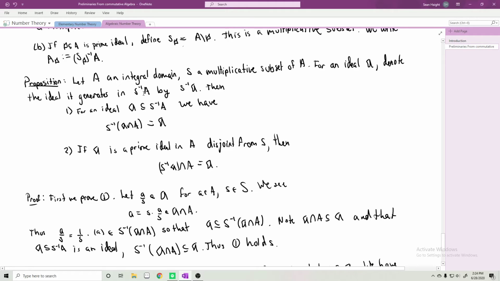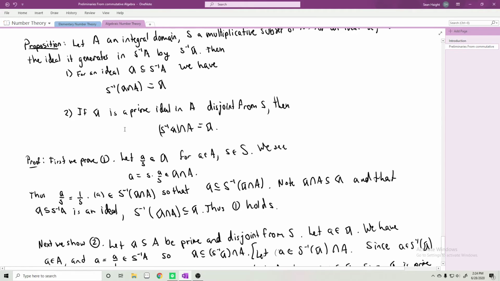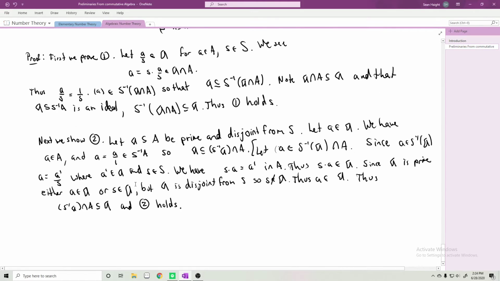So what is the point of the proposition? The point of the proposition is really the following result. This is the importance of the above proposition. So maybe corollary.